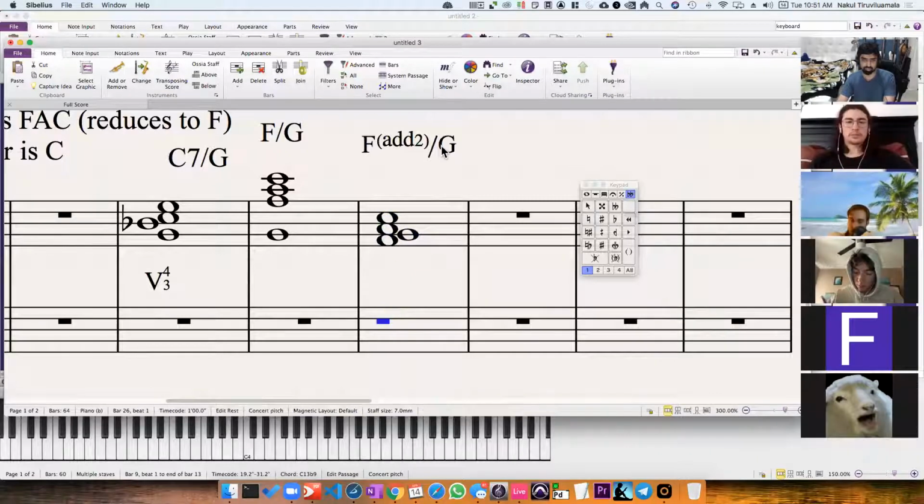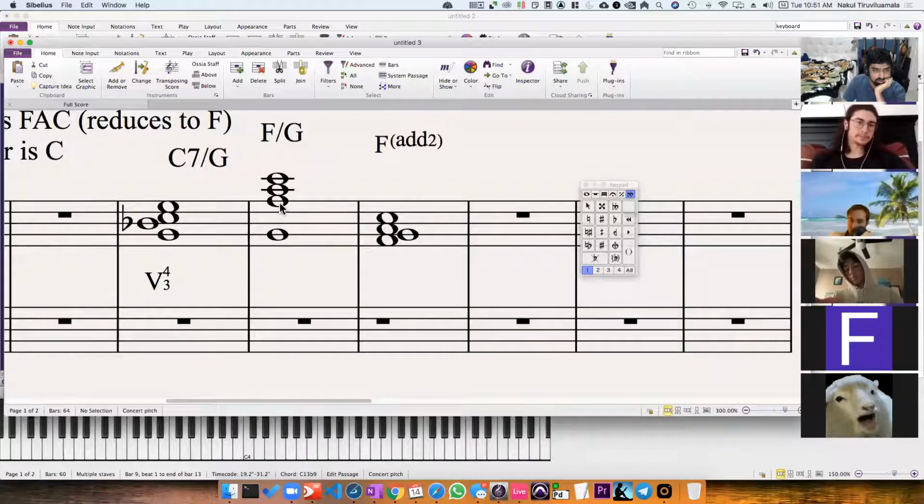This is just an F add 2. Yeah, good catch. This would be an F over G. The inversion of this would be an F add 2, or if you rearrange the notes, you can get an F add 2. I was thinking about putting it over G from the standpoint that this note right here is a G and this bass note is too, but I was mixing up two analyses. So thanks for asking me to clarify.